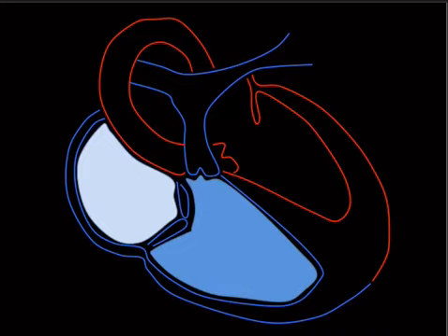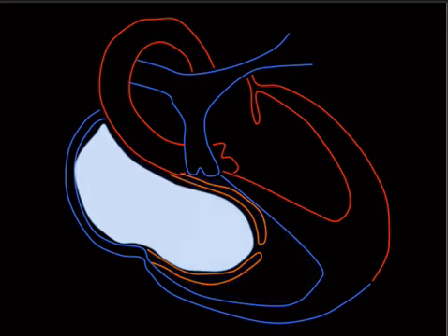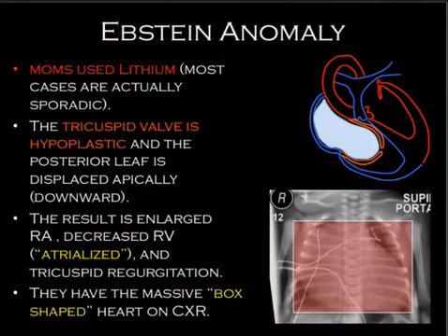Now in Ebstein's, the tricuspid valve is displaced, and because of that you get atrialization of the right ventricle, which leads to dilation of this right atrium, and then you end up with a giant heart. So you've got this hypoplastic, downwardly displaced tricuspid valve. Basically it makes the right side of the heart one big right atrium. You get bad tricuspid regurg and a massively dilated, box-shaped heart.